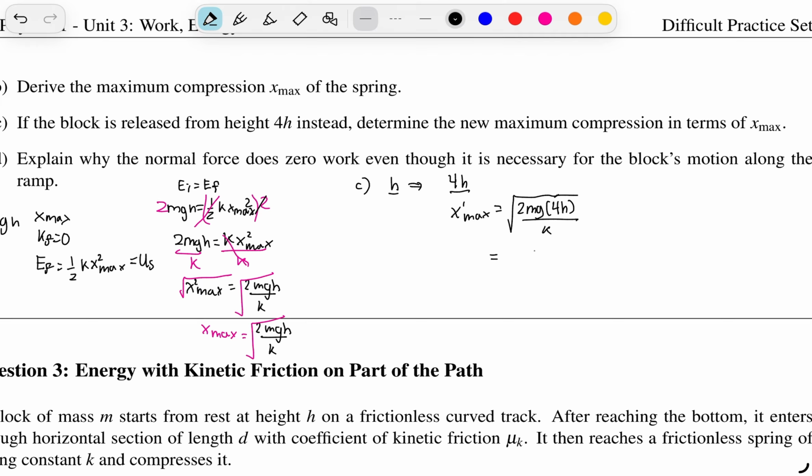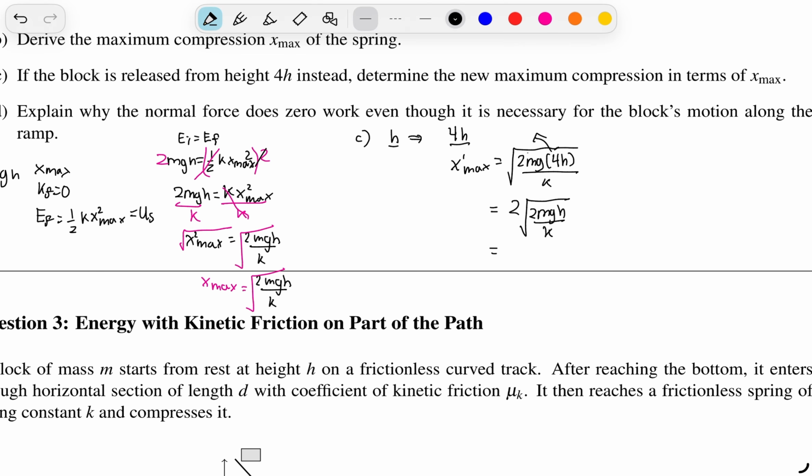We can take that 4 out, and it's just going to be root of 4, which is 2. And you still have 2mgh over k. This was our original component. So you can just rewrite your new X max as being twice that of your X max original.